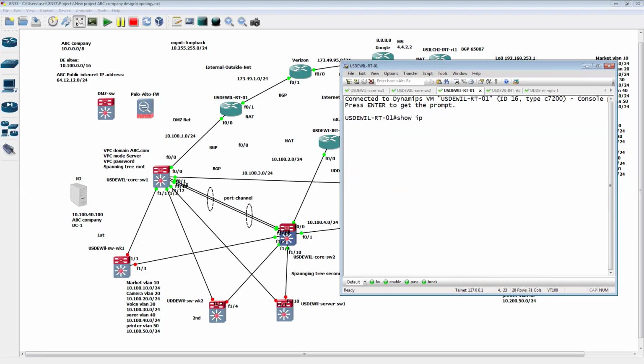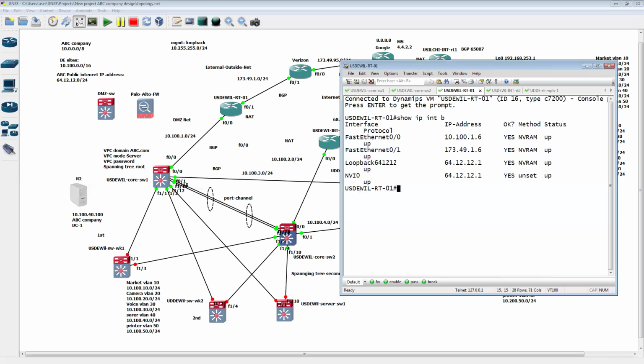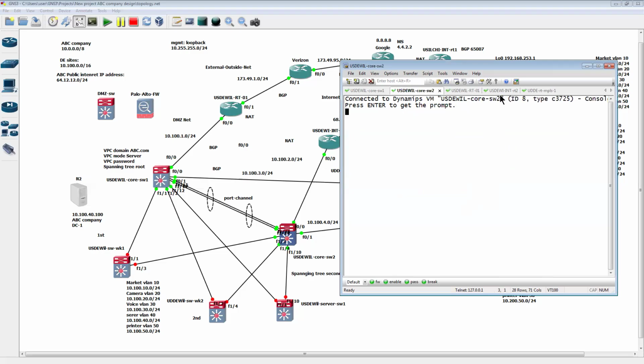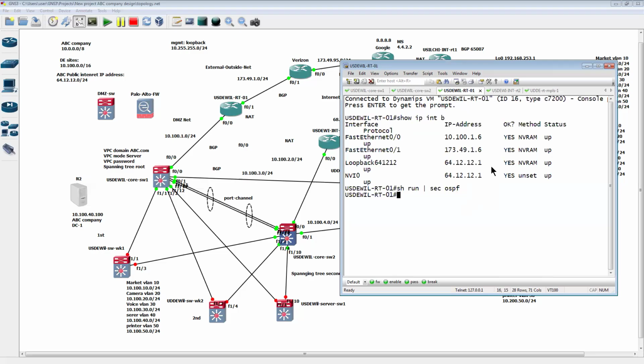So show IP interface brief here again. Oh, did I save it? Hold on. I think I forgot to save it. Show run again. Show run section OSPF. How about in here?